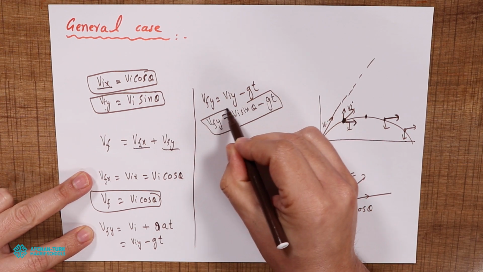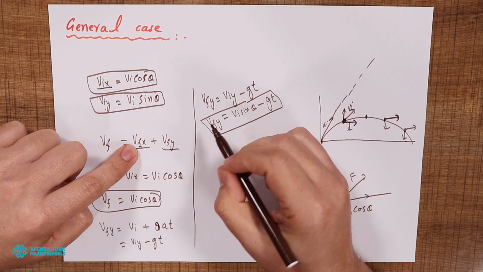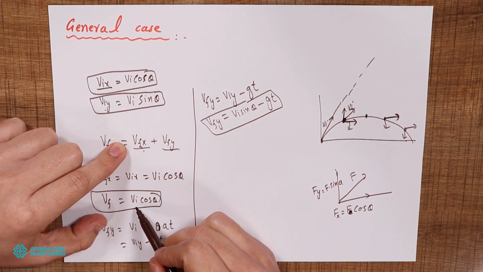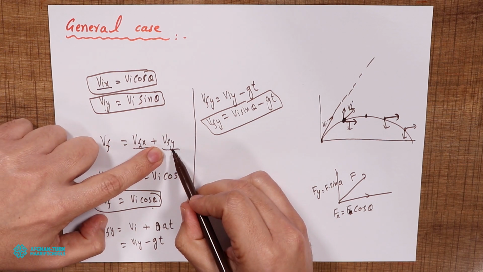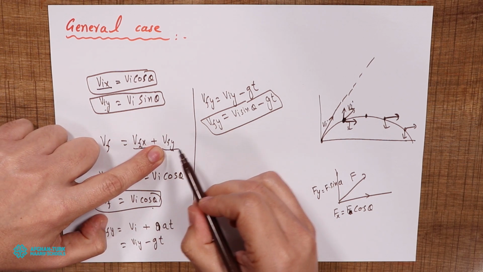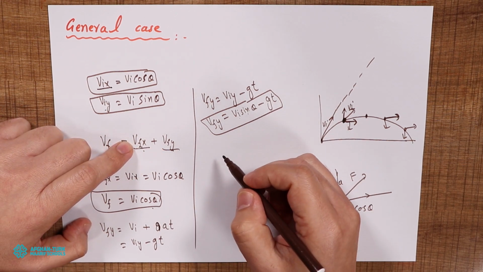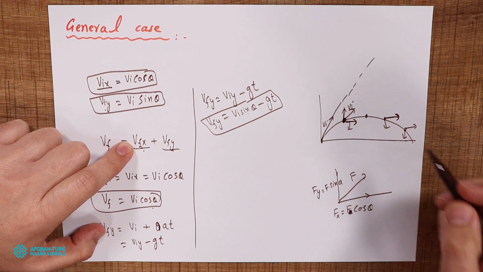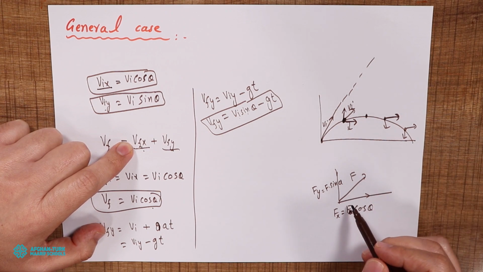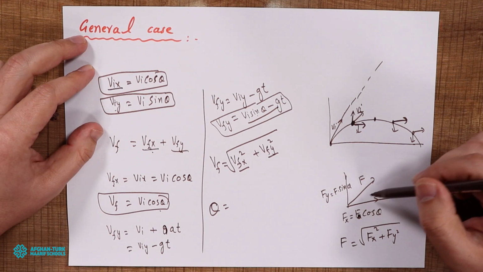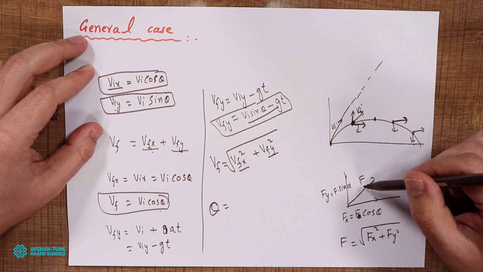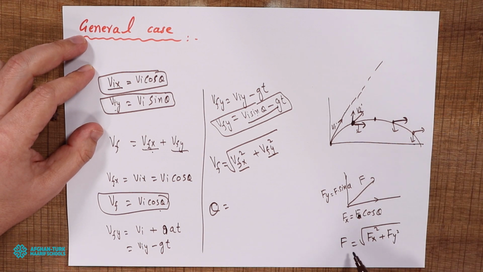If we want to find the final velocity, the first part, the horizontal component, is equal to vi cosine theta, and the second part, the vertical component, is equal to vi sine theta minus gt. Now if they ask the question to find the magnitude, generally for the components of a vector, if we want to find the magnitude of this force, we use the formula F is equal to the horizontal side and the vertical side.